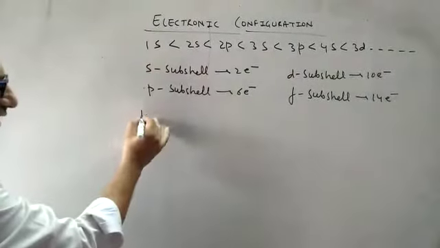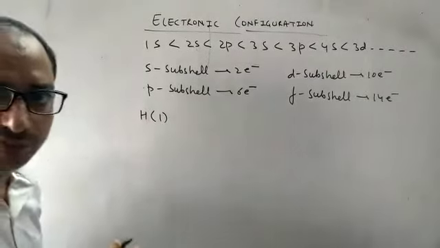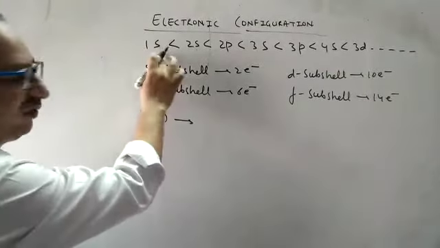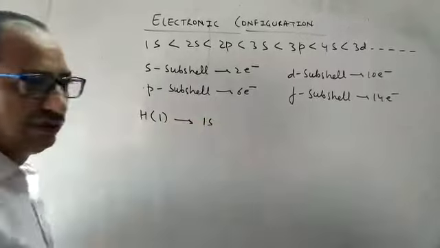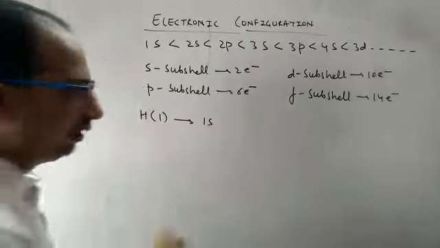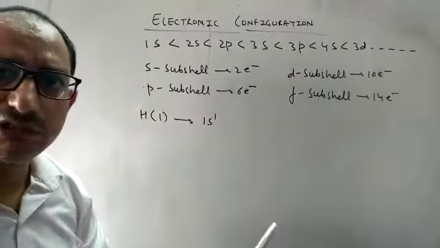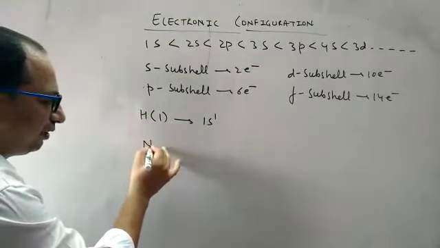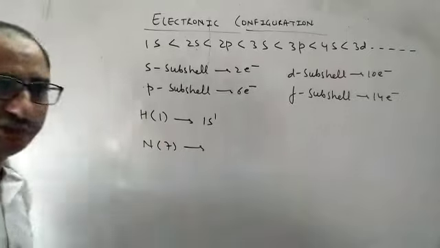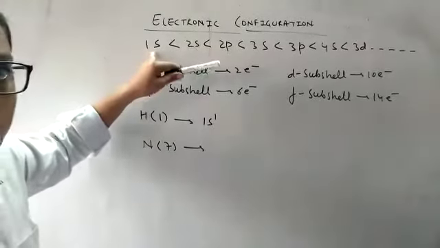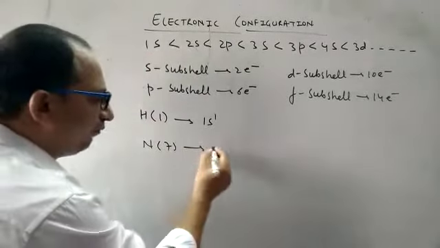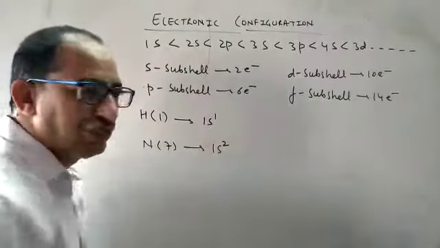See, I say hydrogen, atomic number 1. The first orbital filled is 1s. The number of electrons we have is 1, so the configuration becomes 1s1. That's it. Simple way. I say nitrogen, atomic number 7. So start with the orbital of minimum energy, 1s, maximum capacity 2.